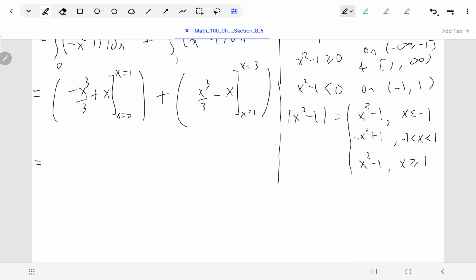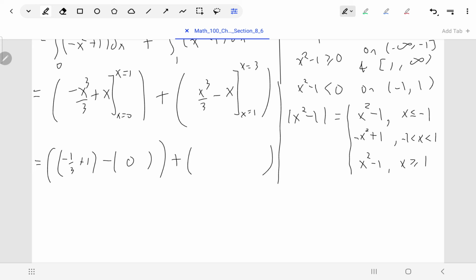So for the first one, evaluating it at 1 and at 0, if I evaluate it at 1, I'll have negative 1/3 plus 1. And when I evaluate it at 0, I'll have 0 cubed plus 0, which is just 0.